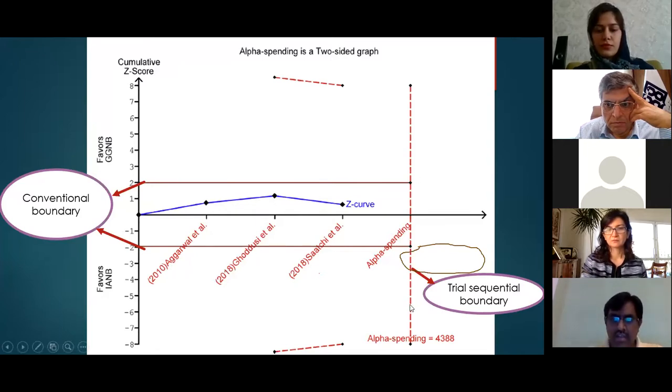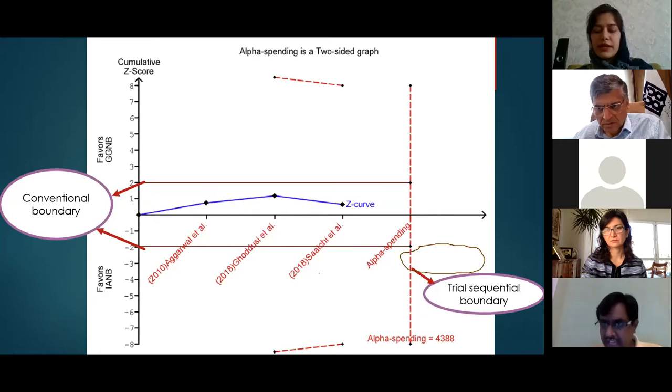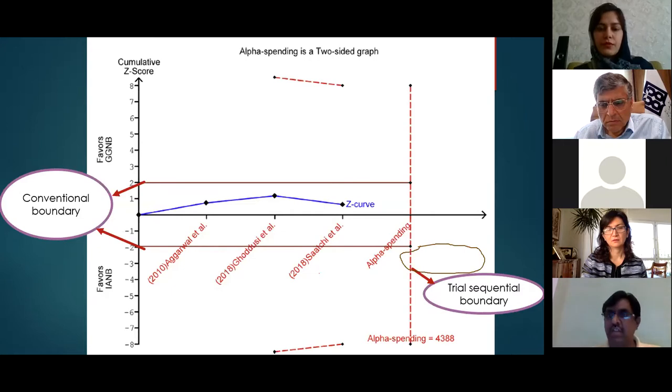It's around 4,000 or something, right? Yes, 4,388 patients required. Exactly. So totally we have only 53 patients, but to have the confirmation of the results of this meta-analysis, we need 4,388 samples. That is the result of the trial sequential analysis.